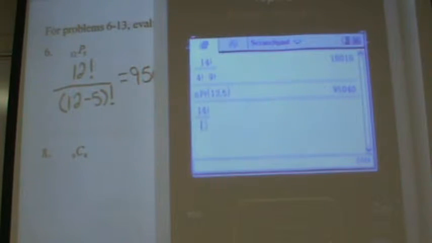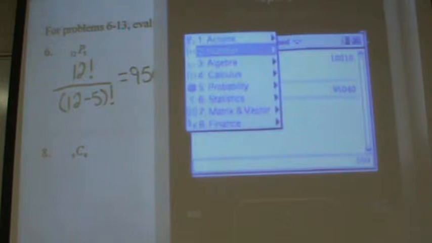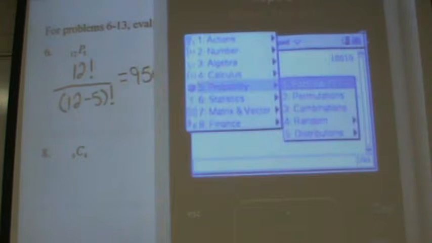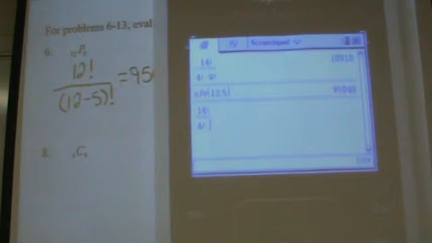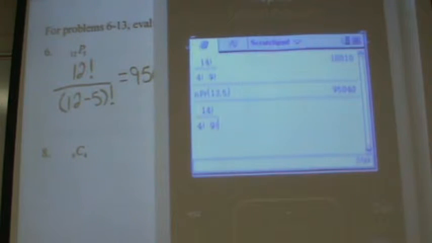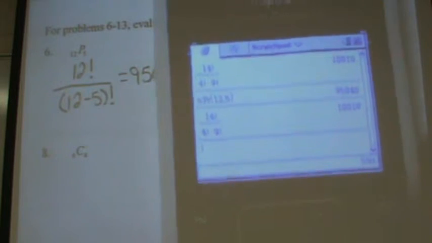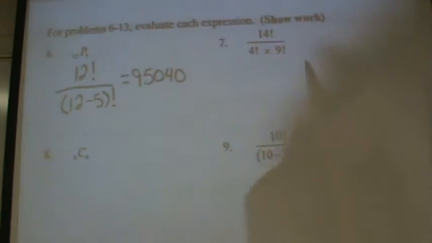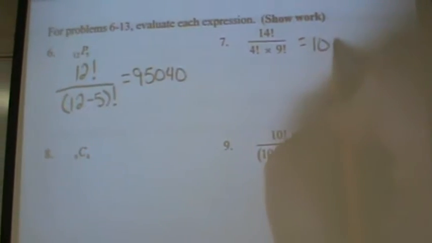Go down to the bottom. You have 4. Menu, probability, factorial, times 9. Menu, probability, factorial. Hit enter. You get 10,010. So number 7 equals 10,010.